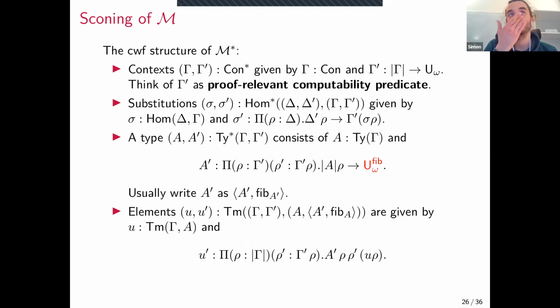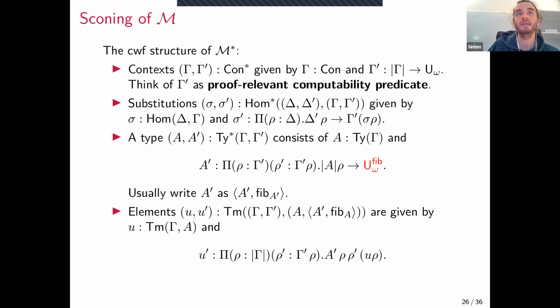And now we can explain the CWF structure in the sconed model. So the context in the sconed model is given as a pair. It will be a context in M and a predicate on the closed instances of gamma.